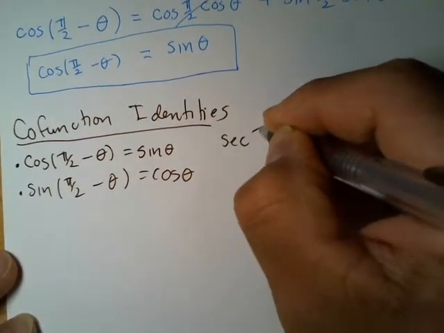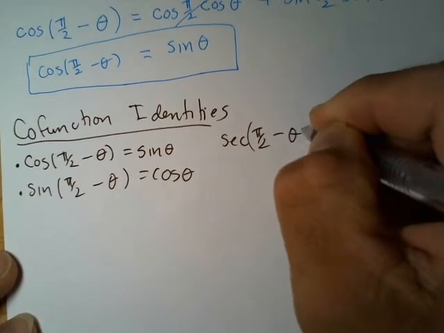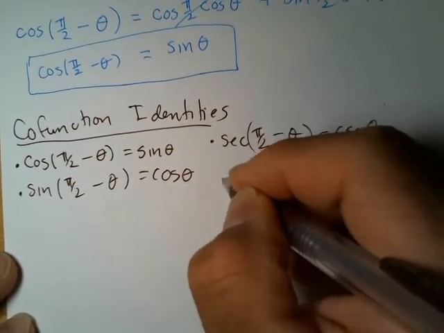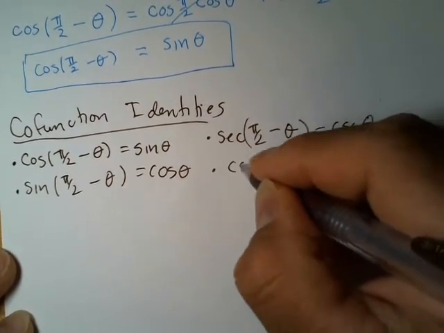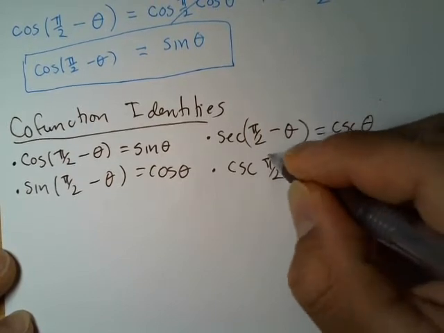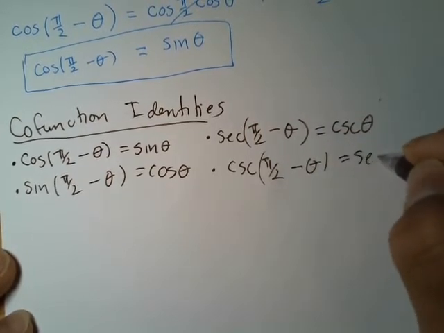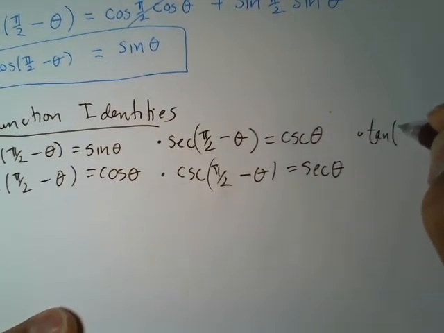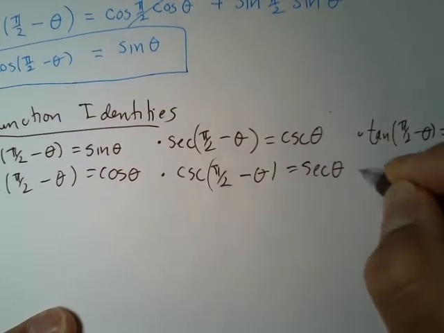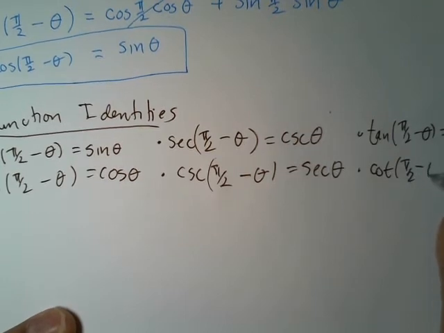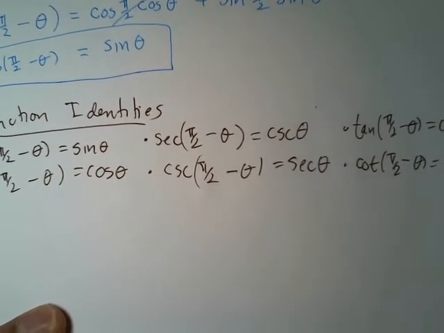And secant of pi over 2 minus theta is equal to the cosecant of theta. And the cosecant of pi over 2 minus theta is equal to the secant of theta. And lastly, tangent and cotangent, they're cofunctions. Tangent of pi over 2 minus theta goes to cotangent theta, and cotangent of pi over 2 minus theta is equal to tangent of theta.